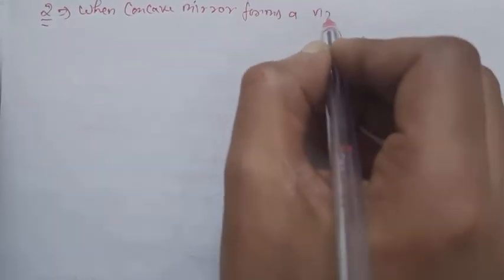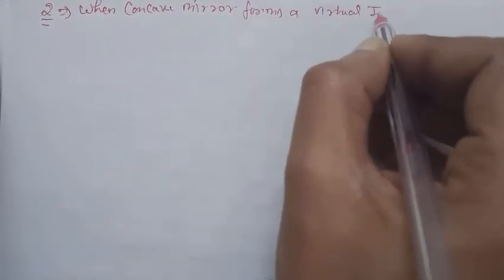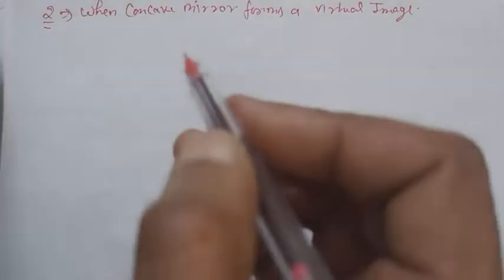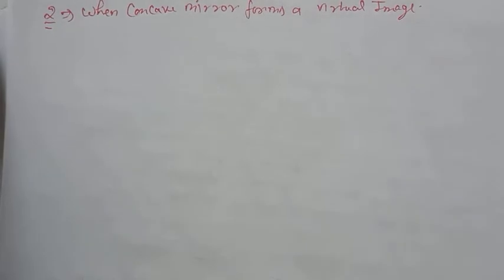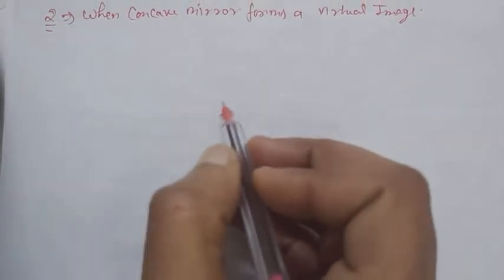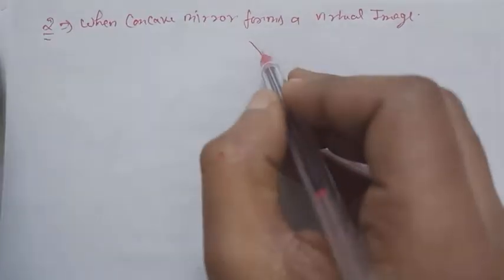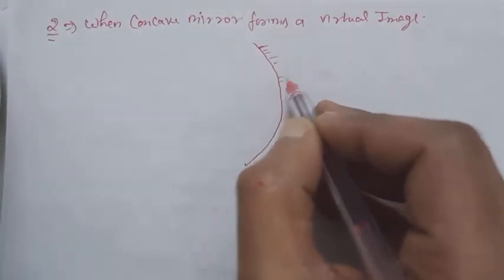And draw the diagram when a concave mirror forms a virtual image. This is the position when the object is placed in between focus and pole. Then we draw a position for concave mirror. This is a concave mirror.